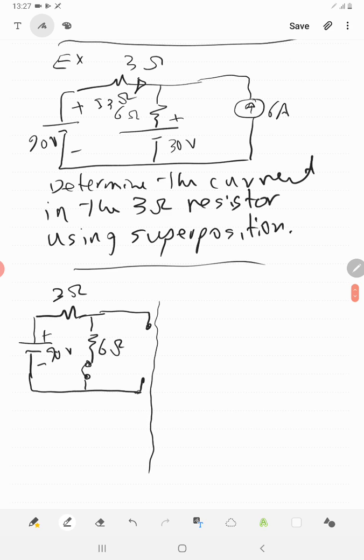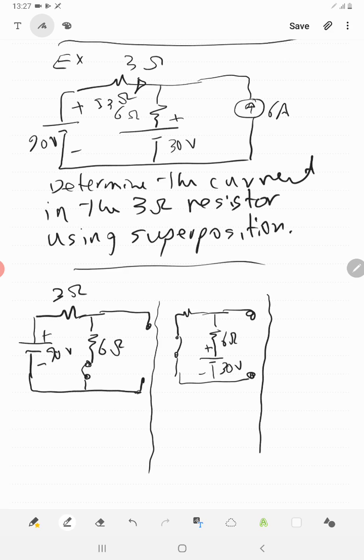The other circuit, we remove the 90 volt source, we make it a short circuit because it's a voltage source, and we keep the 6 ohms, but we keep the other voltage source plus minus 30 volts, and we remove the current source.